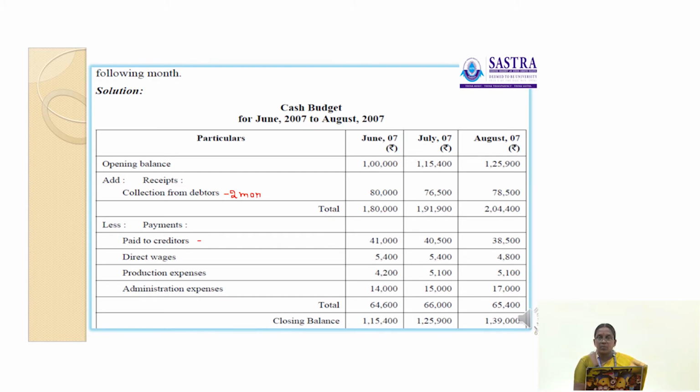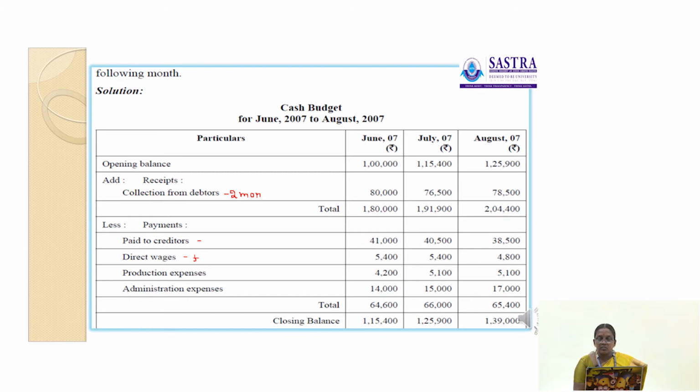Here expenses are paid in the following month. So, 5,400 is the direct wages of the month of May, which is paid in the month of June.